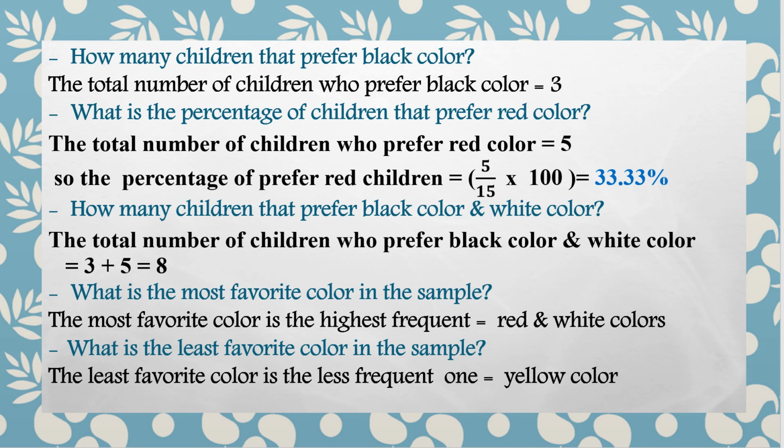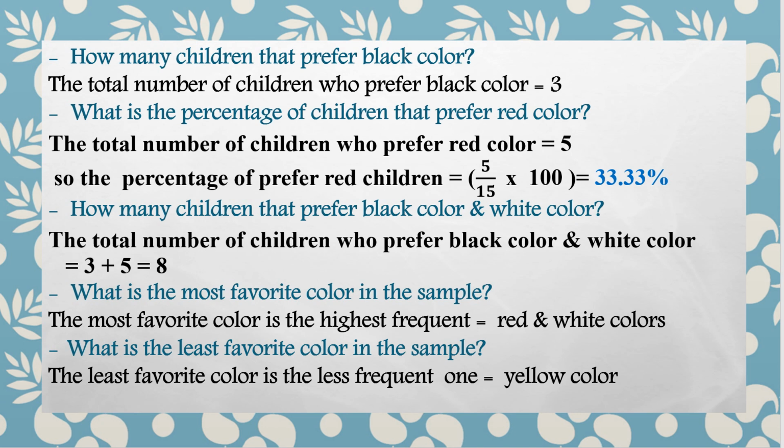Question 4, what is the percentage of children that prefer red color? Again, by taking a look at the frequency table, we can find that the number of children who prefer red color equals 5.